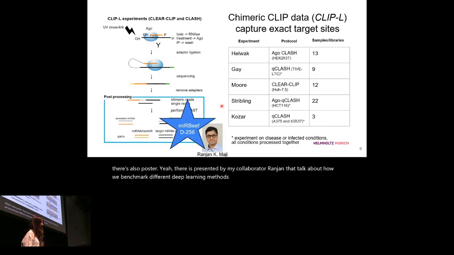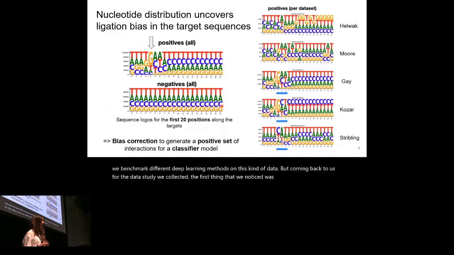But coming back to us, for the data set that we collected, the first thing that we noticed was a positional sequence bias present at the level of the target sequences. This bias is essentially an overrepresentation of specific nucleotides at a given fixed position. And we saw that it could be found only in some of the 5 data sets.